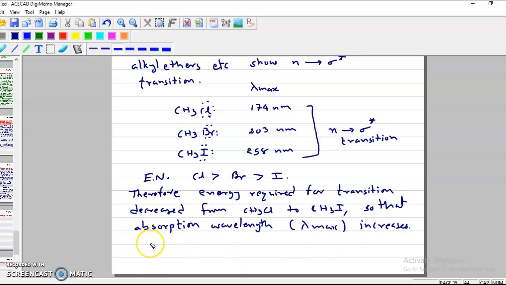Okay, so this is all about n to sigma star transition. That's it in this lecture.